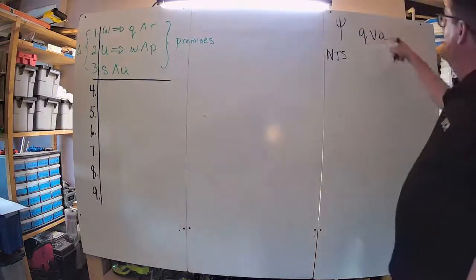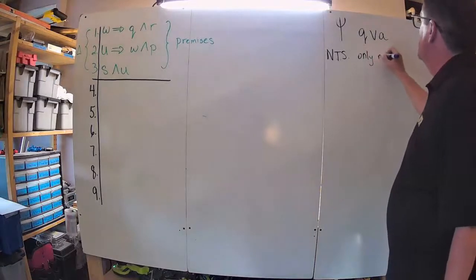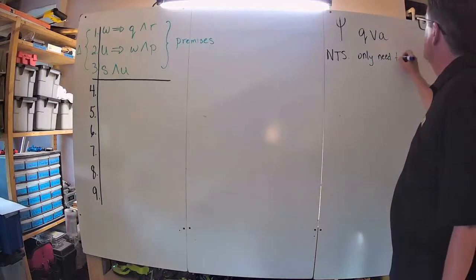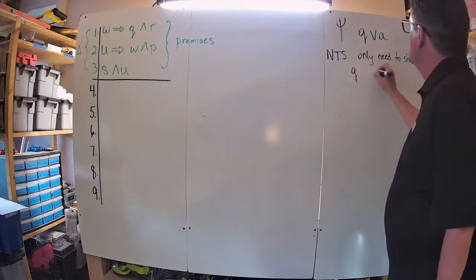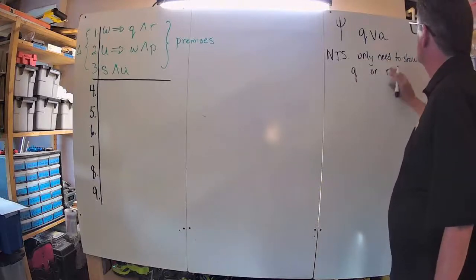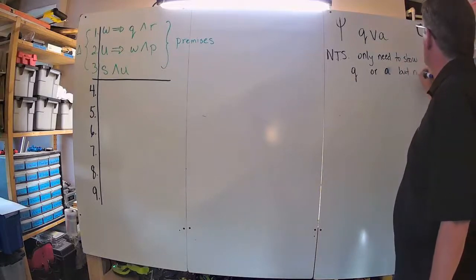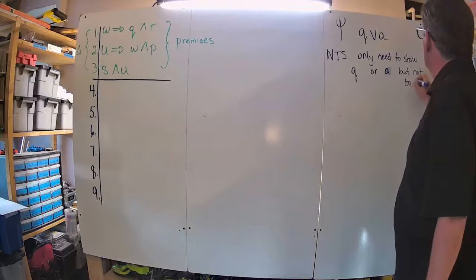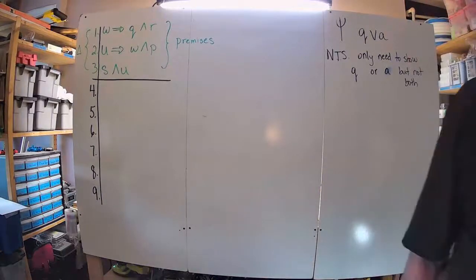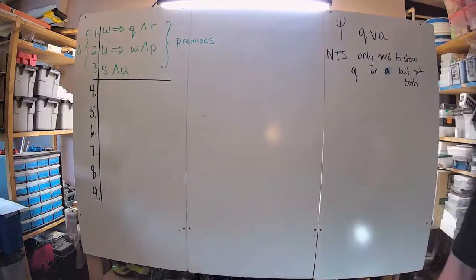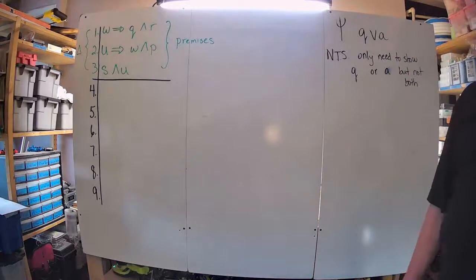So if I'm trying to show that this is true, I only need to show Q or A, but not both. So if I were able to show that Q is true or A is true, then I could use or introduction to show that that sentence is true. So that's the first step.